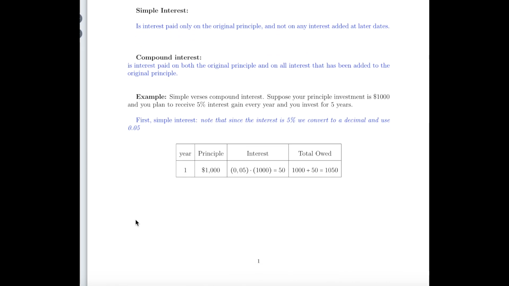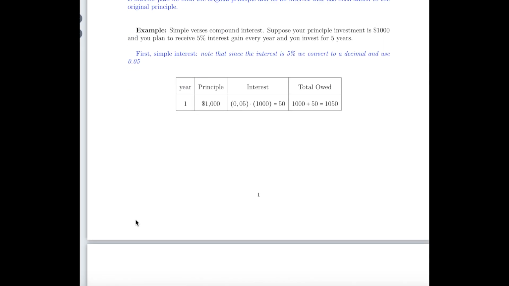Beautiful. All right. So the title of our table is year, principal, interest, and total owed. Year number 1, our principal is $1,000. After 1 year, we have accumulated, I need to make that a dot and not a comma. Sorry about that. We have accumulated interest of 5% upon our $1,000 principal.